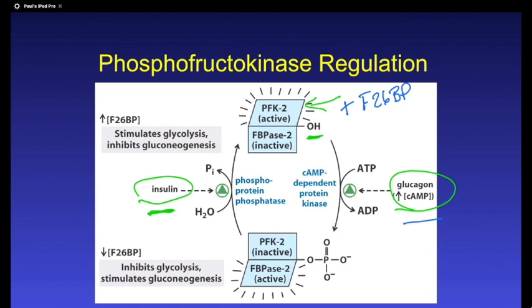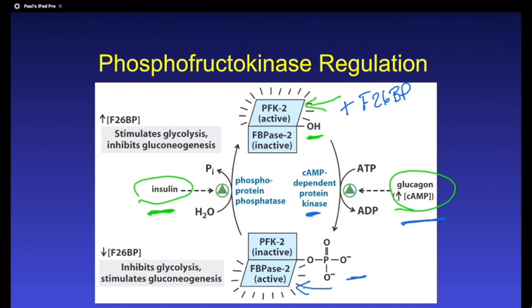On the other hand, if I have glucagon roaming around, meaning I'm in a starvation state and I don't have a lot of glucose roaming around, I want to save it. So it has an enzyme that'll put a phosphate on the regulatory molecule. It makes the phosphatase start moving.